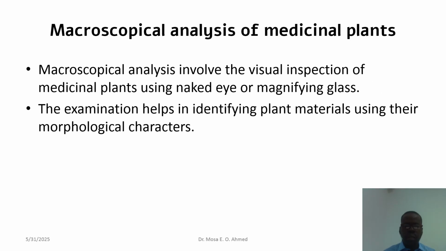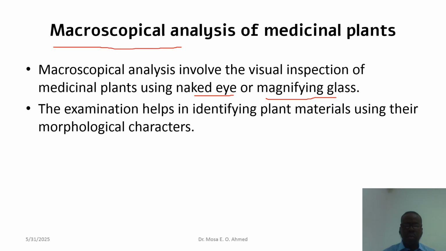In the first part of this lecture, we will talk about macroscopical analysis of medicinal plants. As the name implies, macroscopical analysis means the use of visual inspection to determine the identity of medicinal plant, either by naked eye or using magnifying glass.